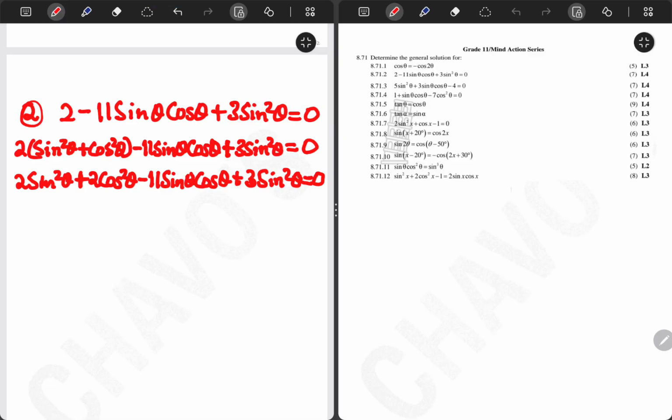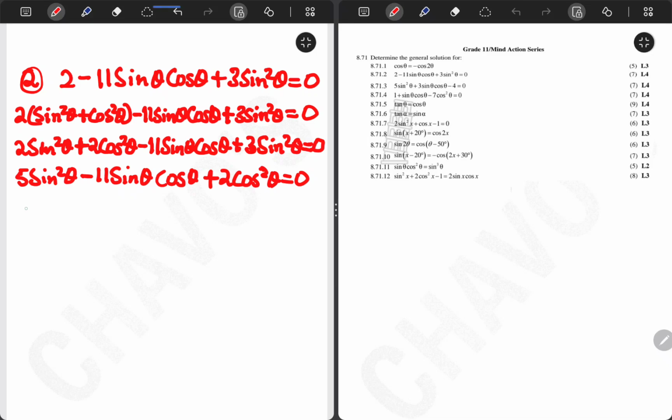Let's rewrite this nicely or simplify. We can have 5 sine square theta minus 11 sine theta cos theta plus 2 cos square theta equals to 0.